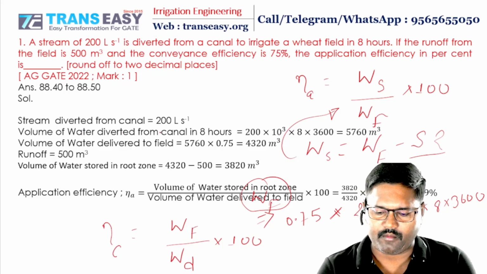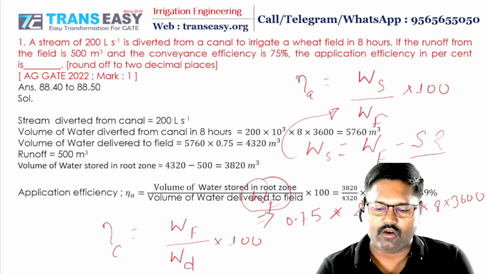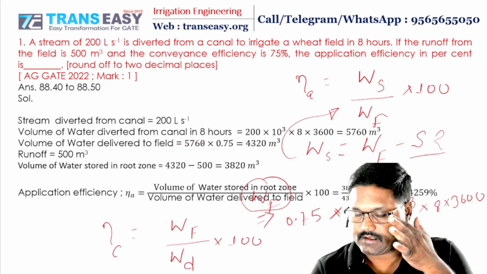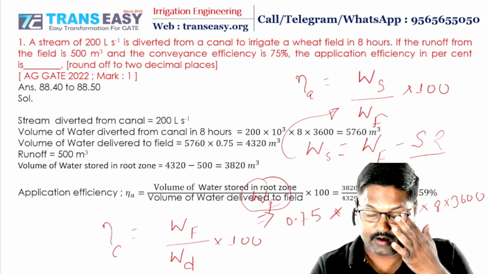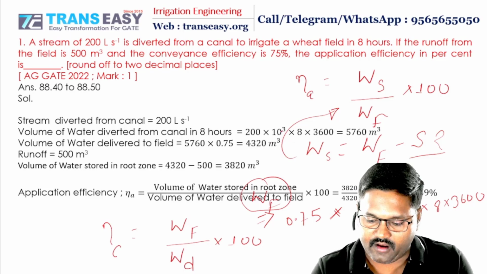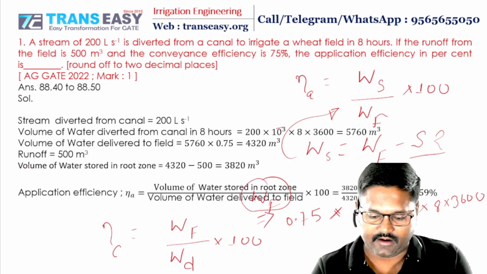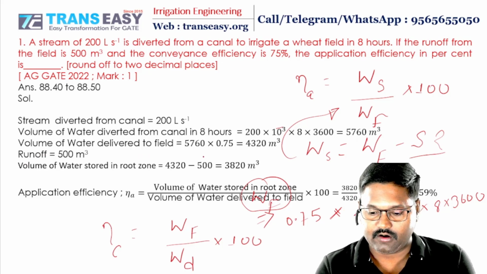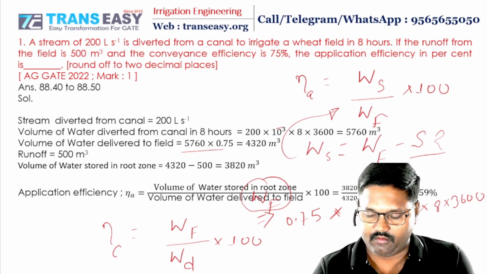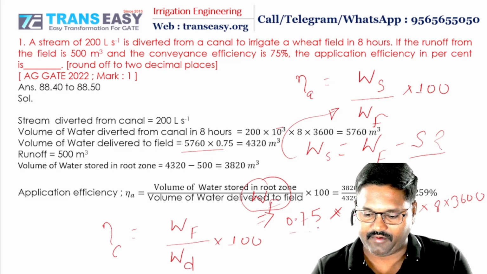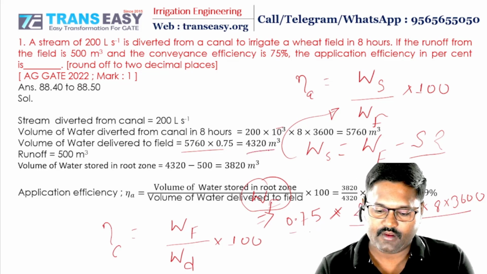A stream diverted from canal 200 liter per second, volume of water diverted from canal to conveyance system in 8 hours, 200 into 10 minus 3 into 8 into 3600. Volume of water delivered to the field, just 0.75 times this value.